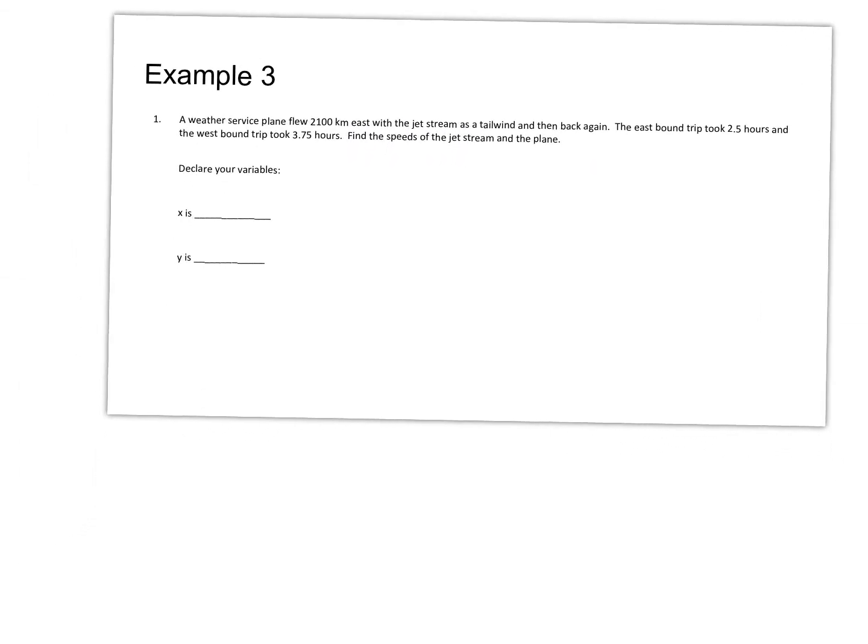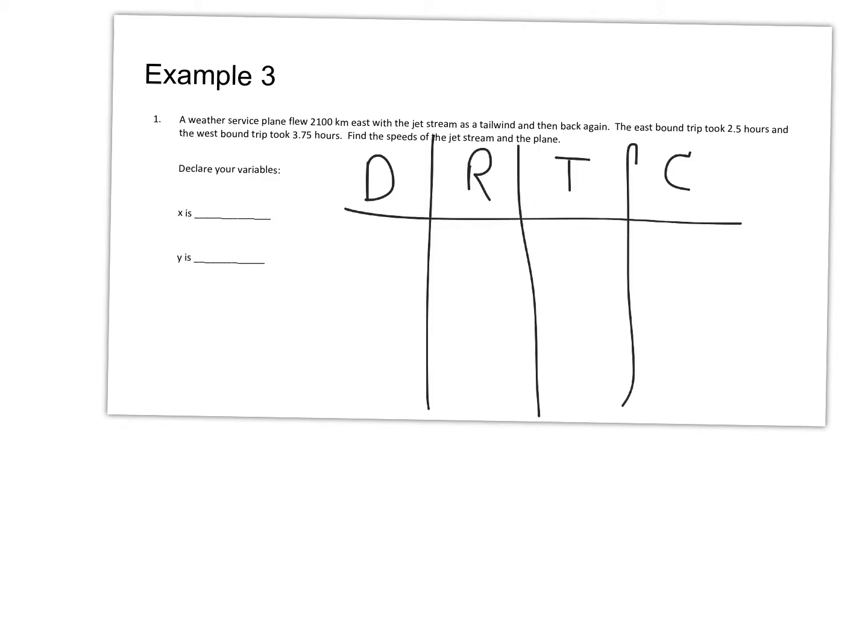Okay, weather service plane flew 2,100 kilometers east. Okay, so we're dealing with DRTC. So distance 2,100 kilometers, with the jet stream as a tailwind.